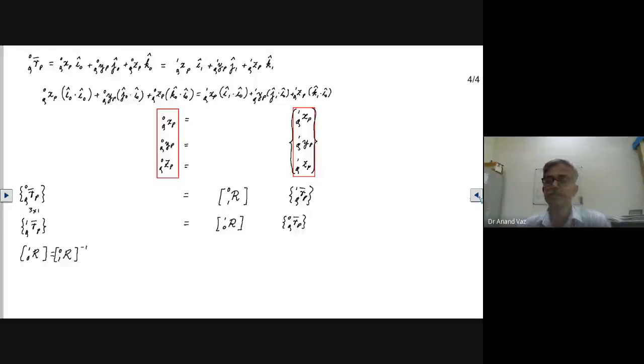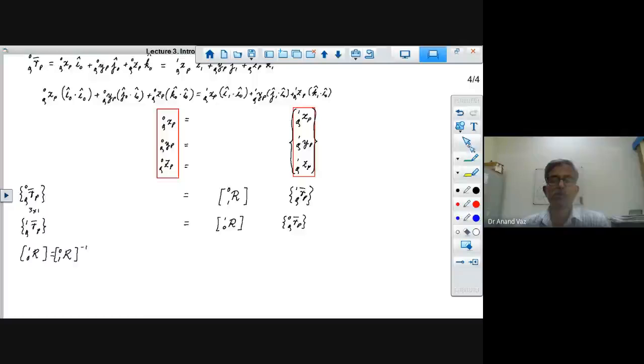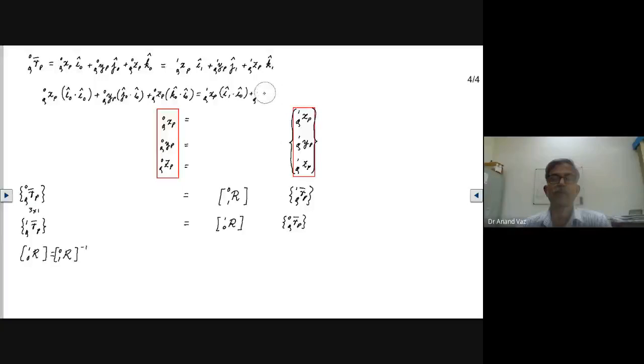Now let us see what we have here. So now let us consider this equation over here, the first one. In fact, we'll also erase this one.